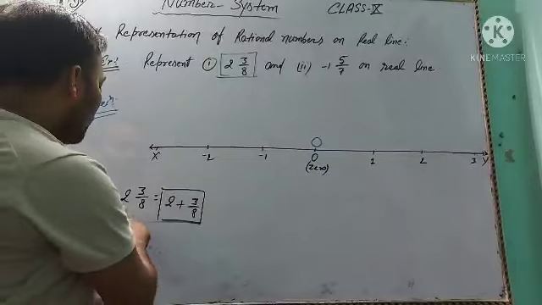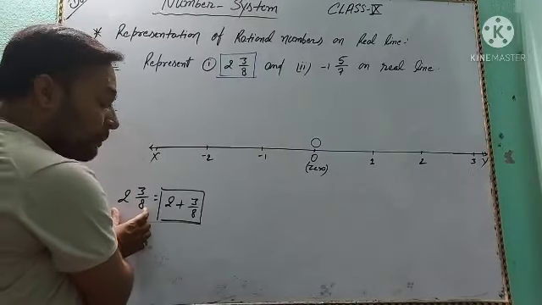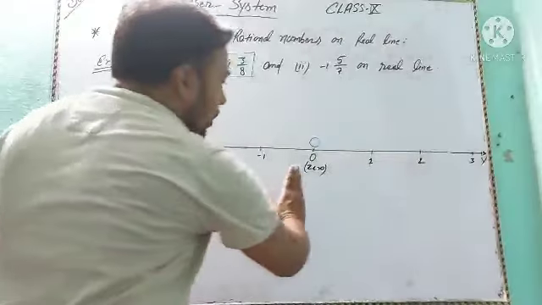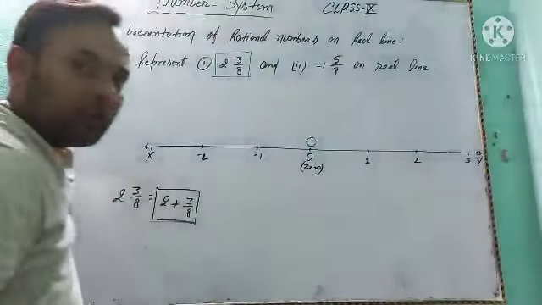सबसे पहले तो 2 अपॉन 3 बाई 8 जो नंबर है वो पॉजिटिव नंबर है और ये पॉजिटिव नंबर जो है वो 0 के राइट साइड में बिलोंग करेगा.